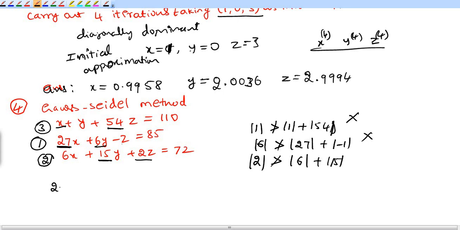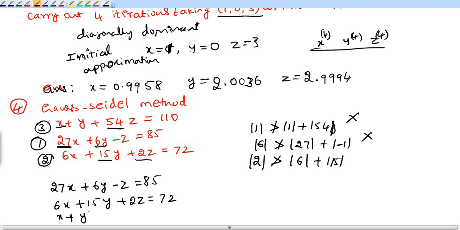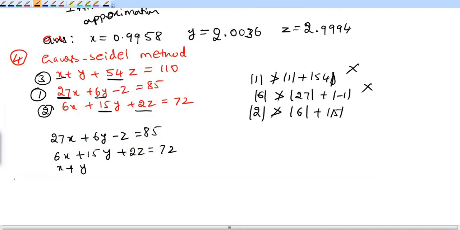So you can rewrite the equations: 27x plus 6y minus z is equal to 85. Second is 6x plus 15y plus 2z is equal to 72, and then x plus y plus 54z is equal to 110.